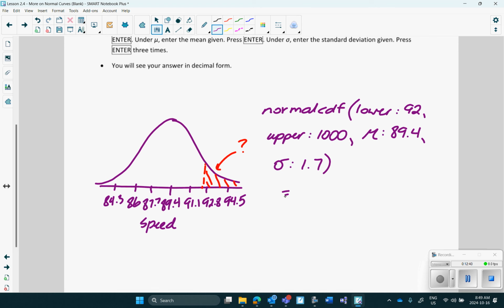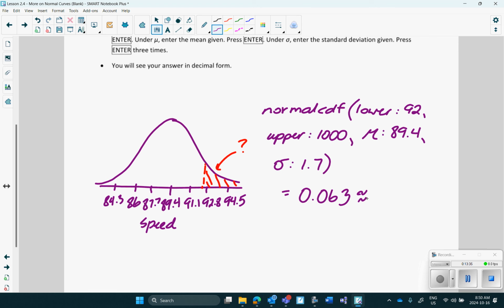So I think you're going to have to enter all four at the same time, separated by commas. 1,000, comma, 89.4, comma, 1.7. You've got to write them out when you show your work. Okay. 0.063.